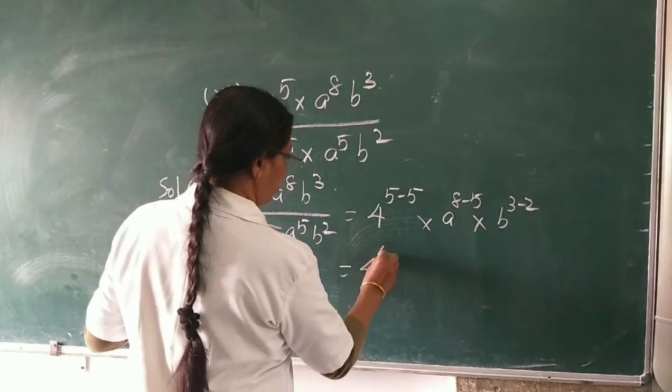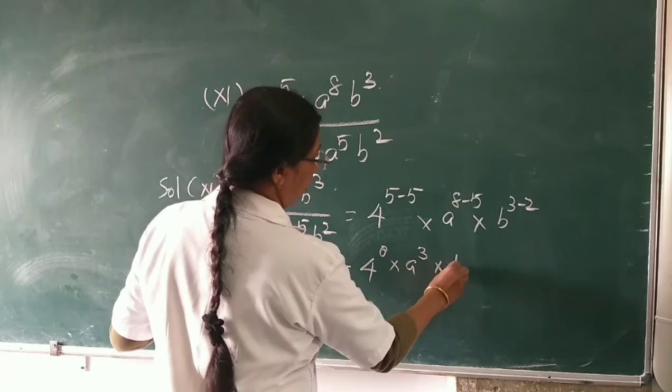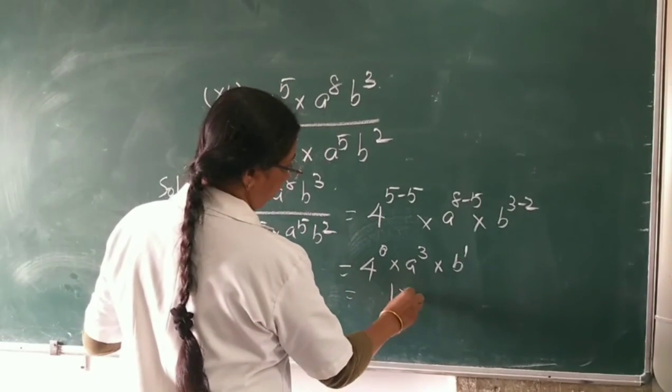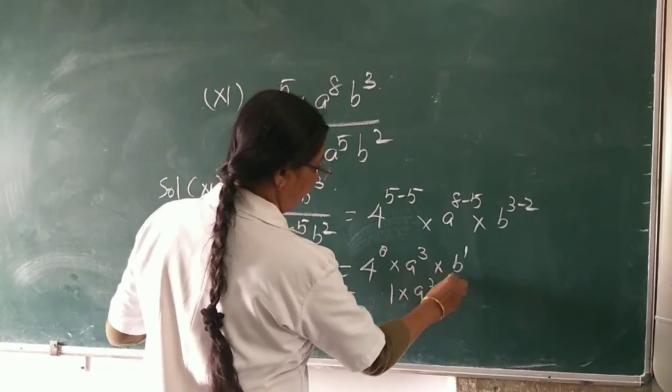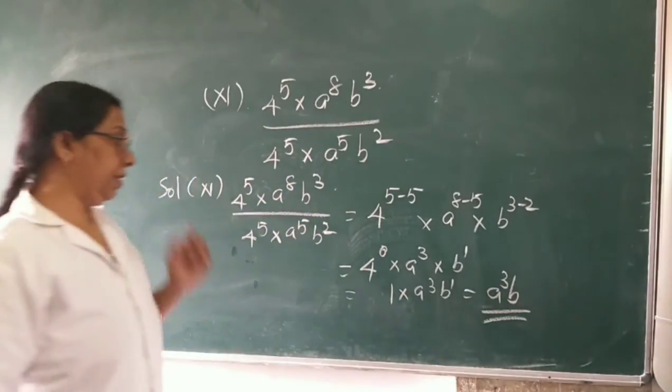It is 4 raised to 0 into a raised to 3 into b raised to 1. 4 raised to 0 is 1. 1 into a cube b, that is a cube b. A cube b is the answer.